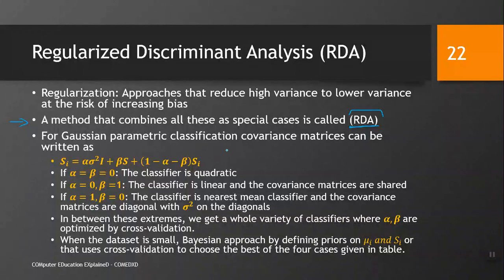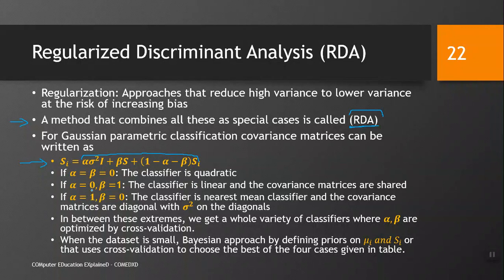For Gaussian parameters classification, if it is normally distributed, we can write the covariance matrices like this, right. If alpha equals beta equals 0, the classifier is quadratic.